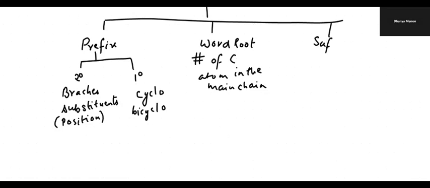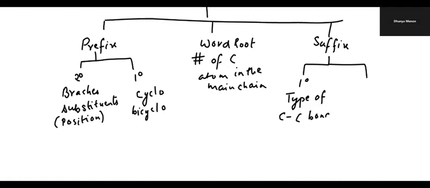So in suffix also, first we write down the primary suffix. Primary suffix means what type of carbon-carbon bond it is, in the word root.